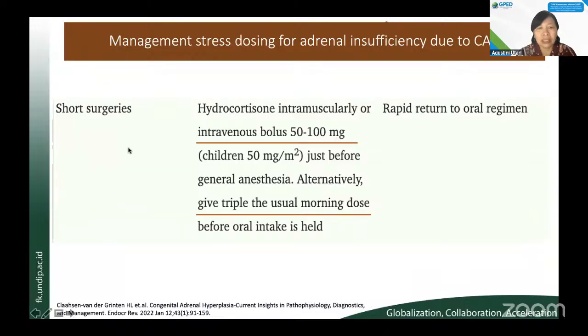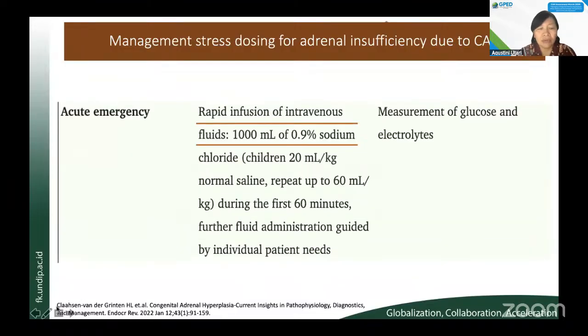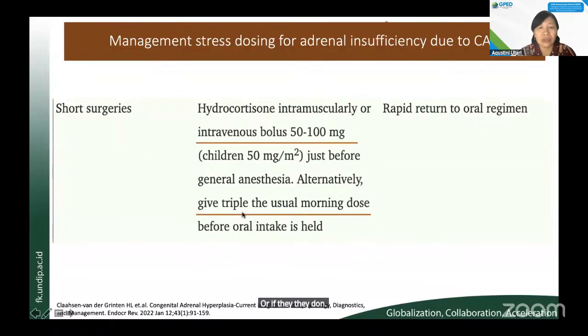And for short surgery, we give hydrocortisone intramuscular or intravenous bolus just before anesthesia. Or if they don't have hydrocortisone, we can give triple the usual dose in the morning before oral intake is held.